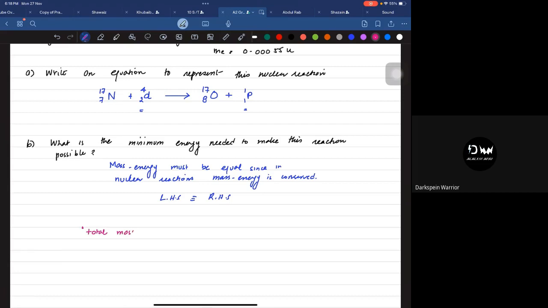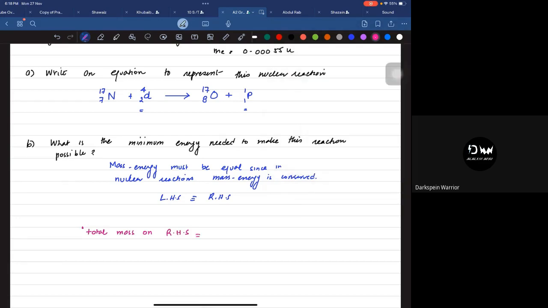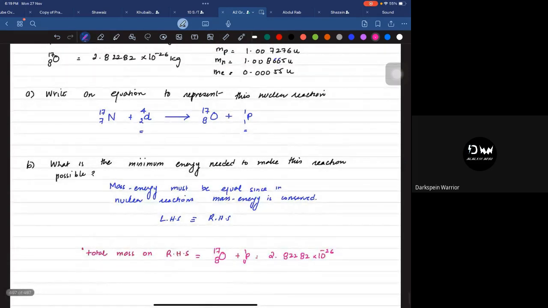So first of all, total mass on right hand side is equal to oxygen 17 8 plus a proton. So we're gonna add the masses. If you add both the masses, like 2.82282 times 10 raised to minus 26, and then you have to convert this into U. So I'm gonna divide it by 1.66 times 10 raised to minus 27.